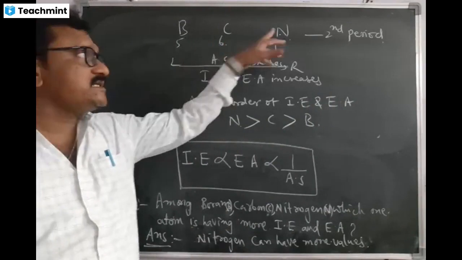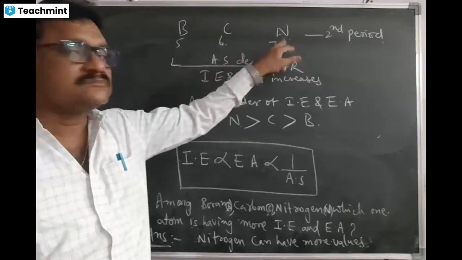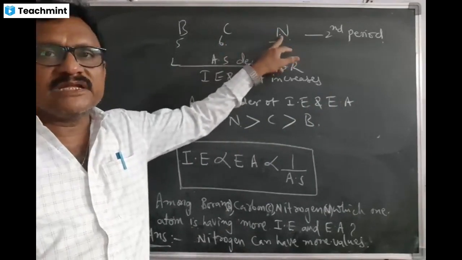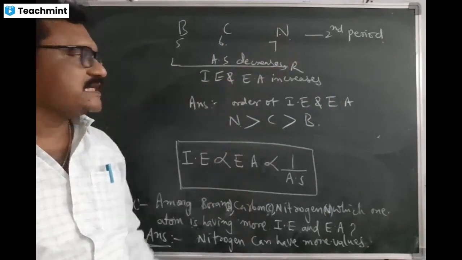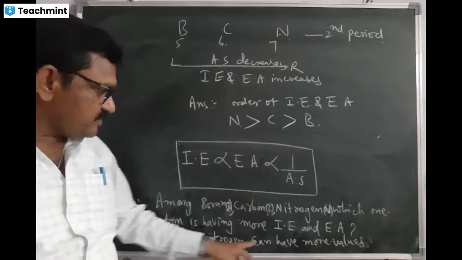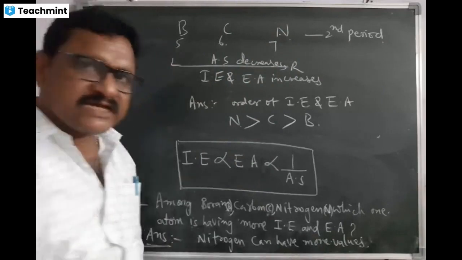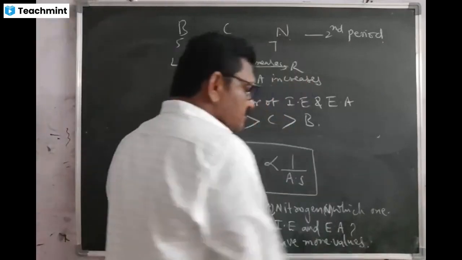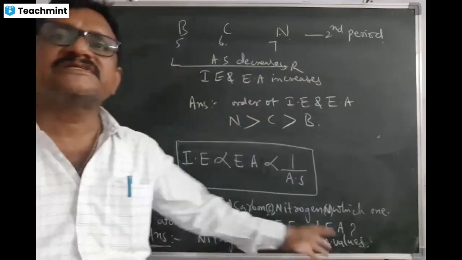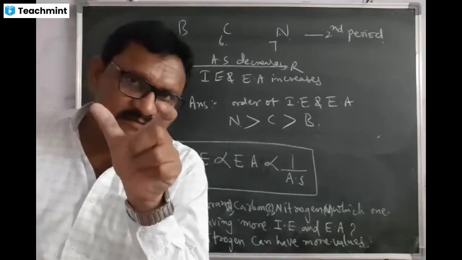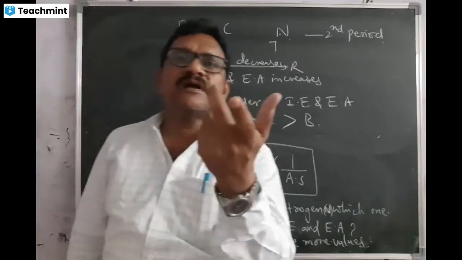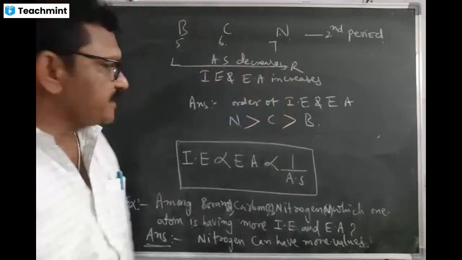So among these three, this one has more ionization energy and more electron affinity. Why? Because size is less. Here nitrogen can have more values because size is less. The main reason is size is less. The low sized atom can have more IE and EA.